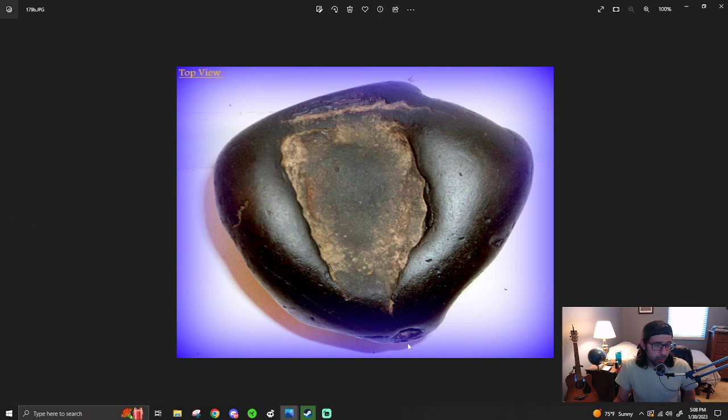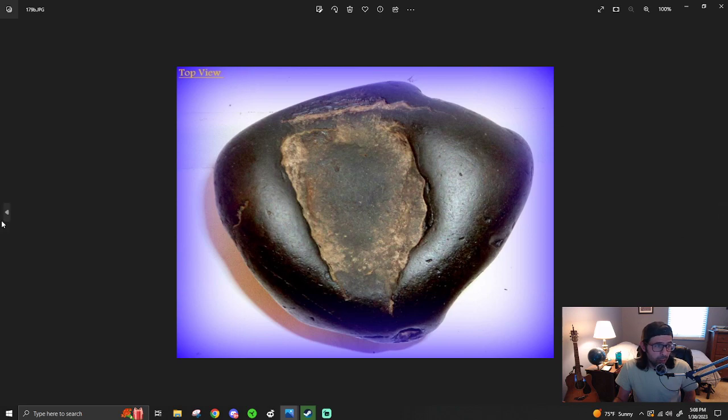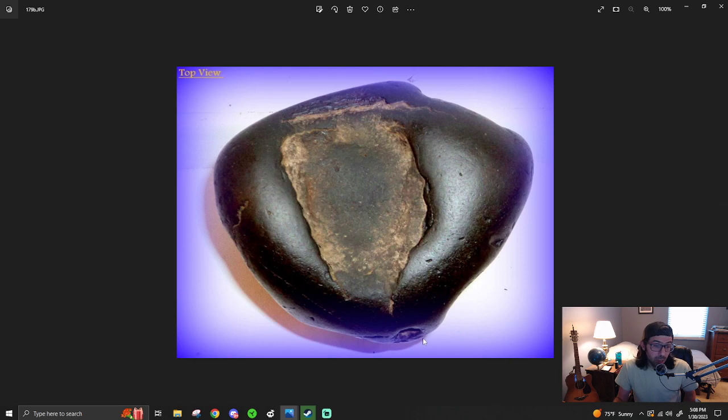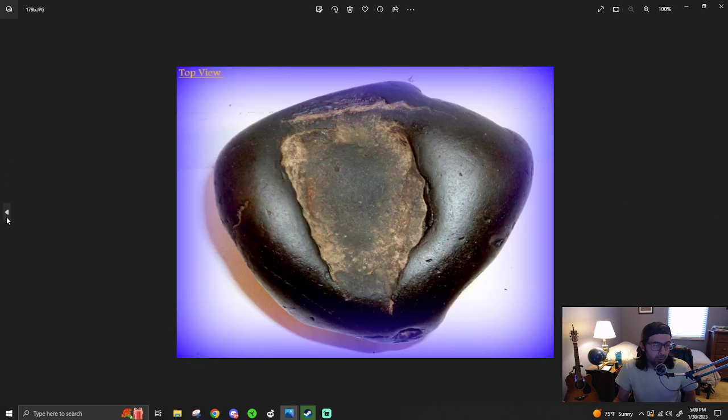Had a hinge point kind of thing down here, which is maybe that. Not sure. Maybe. That looks like a shark's mouth. That's all that one, I guess.